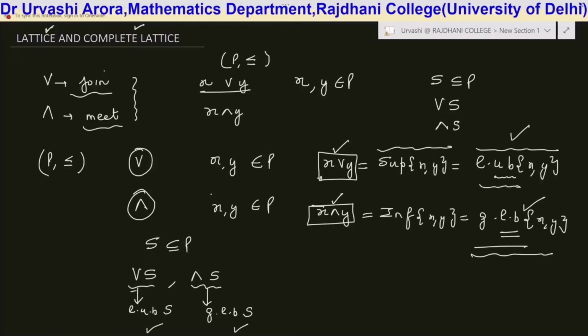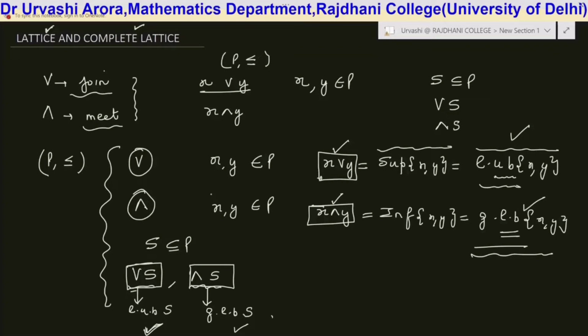If the least upper bound of S exists, we say that the join of S exists. If the greatest lower bound of S exists, then we say that the meet of S exists. So these four things were discussed in detail along with examples earlier.